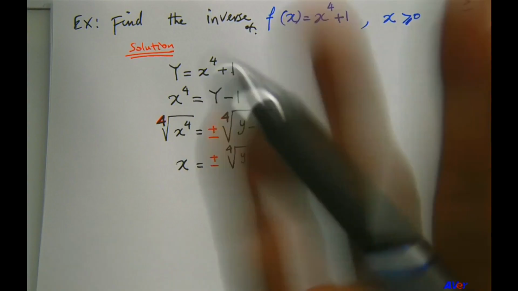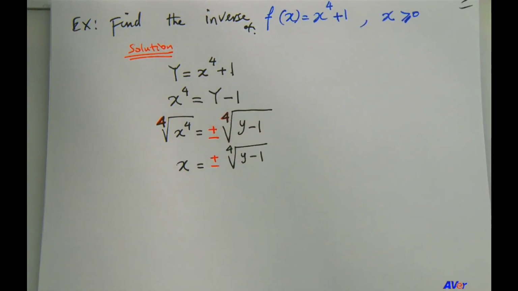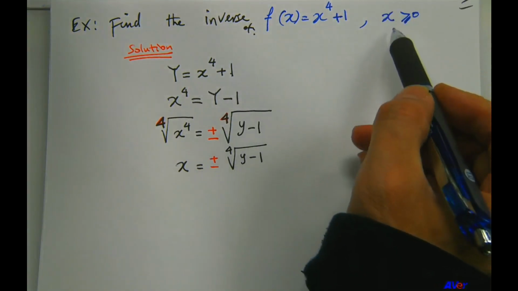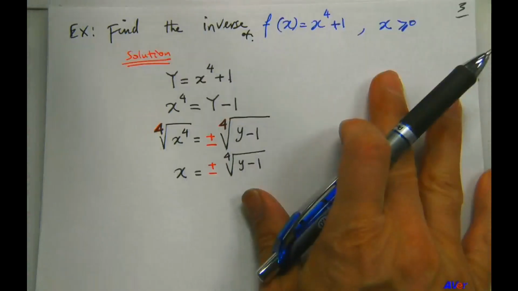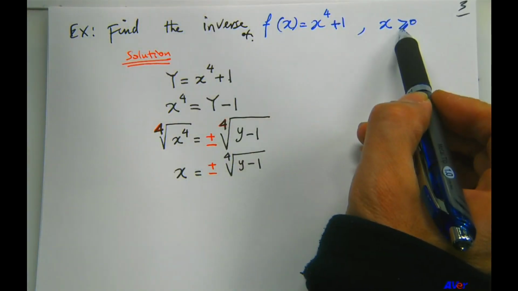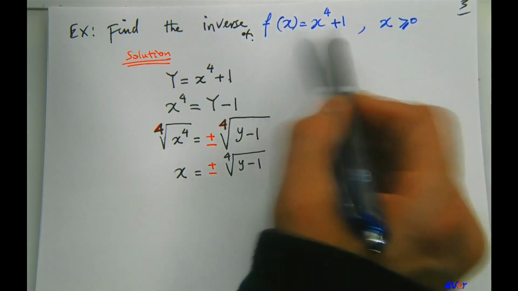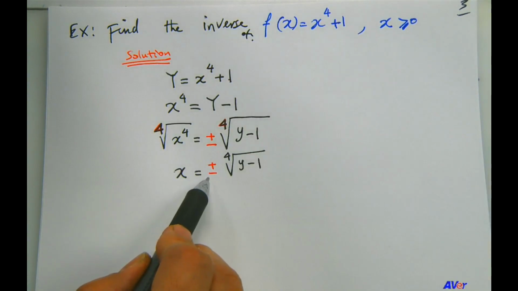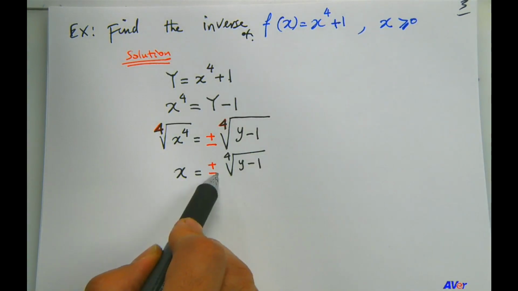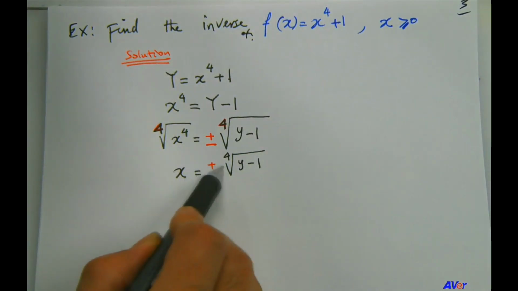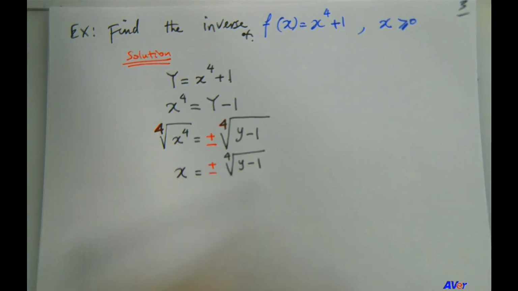But can we accept both of these solutions? No, we cannot. Why not? Well, we had a condition that says x must be equal to 0 or greater than 0. That was part of the condition of making this function one-to-one. So we cannot accept the negative one. x has to be positive, so we can only accept the positive version.